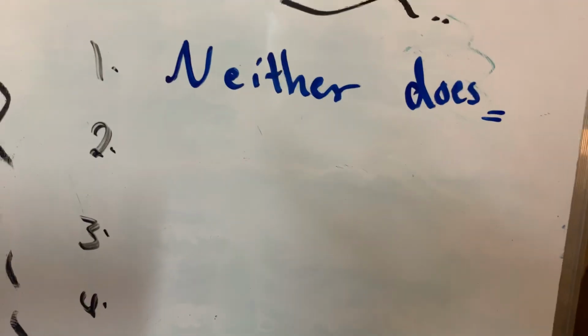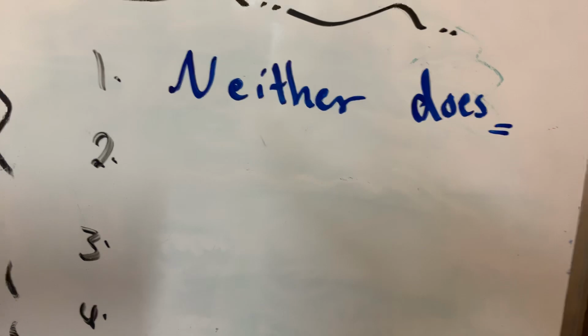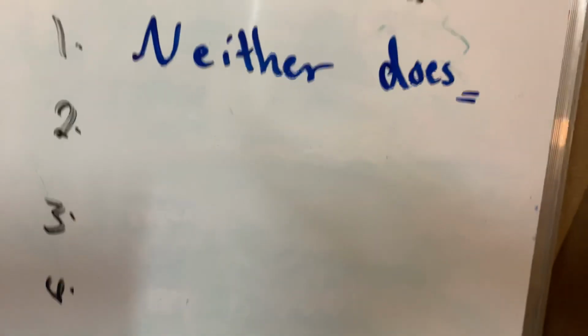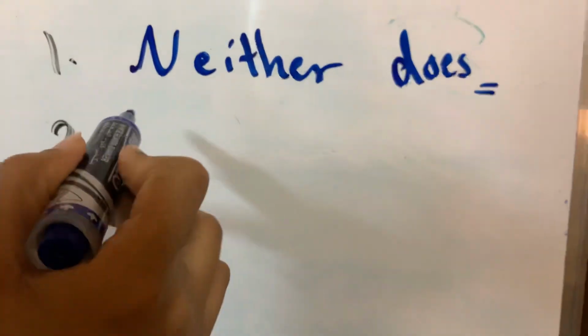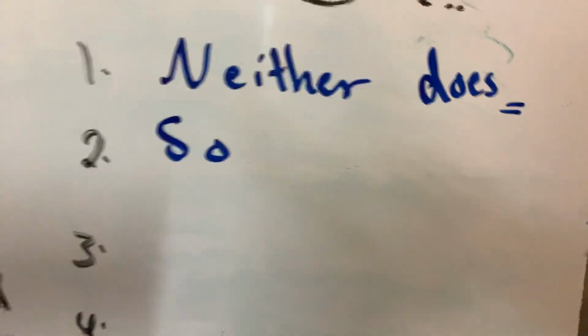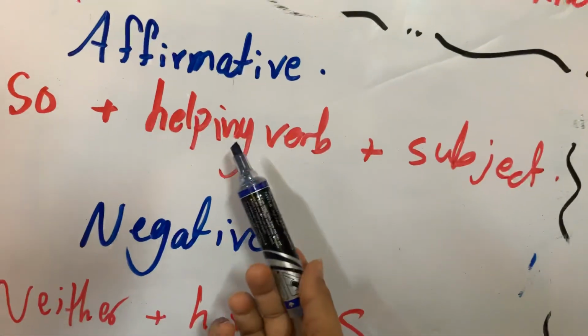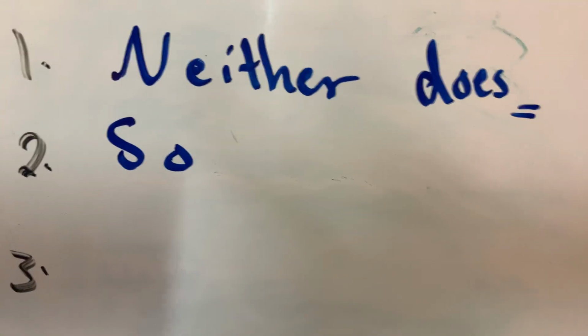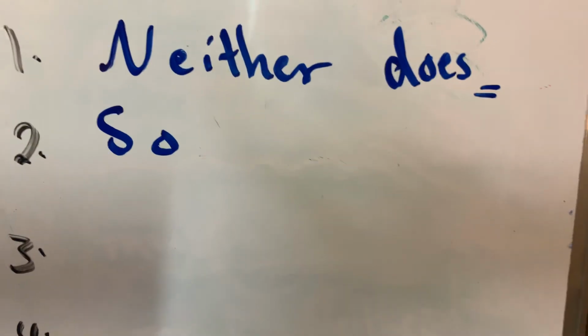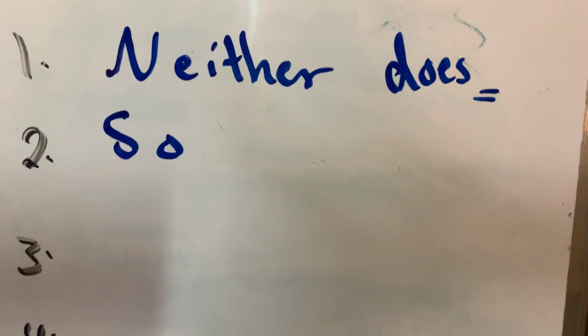I hate making sculptures. Here it is "I hate." The sentence is affirmative, not negative, so we will use so. This is the first part. We need a helping verb and we need a subject. Here, in "I hate," we don't have a helping verb. So what can we do?